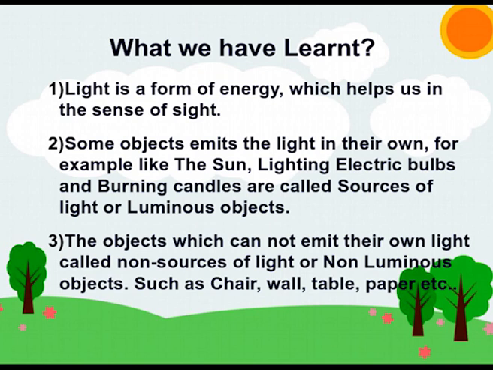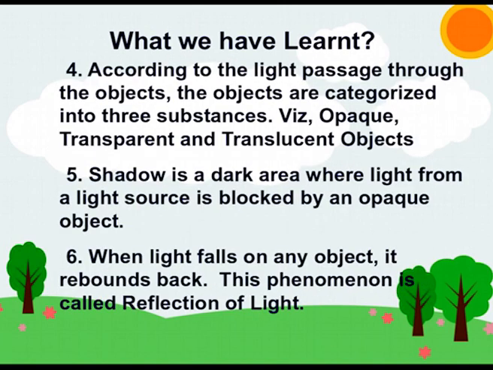The objects which cannot emit their own light are called non-sources of light or non-luminous objects, such as chair, wall, table, paper, etc. According to the passage of light through them, objects are categorized into three kinds, namely opaque, transparent, and translucent objects.